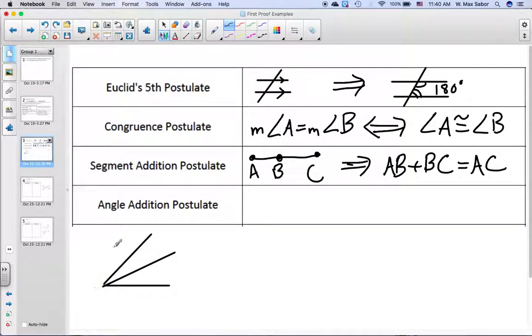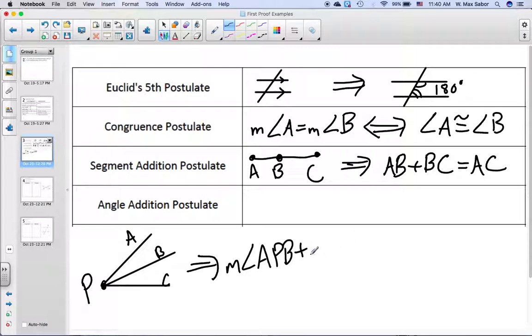So if this is A, B, C, and then that's the vertex P, then that implies that the two small angles add up to the whole thing. So the measure of angle APB, that's the first small angle, and the second small angle, BPC, they add up to the whole thing, which is APC.